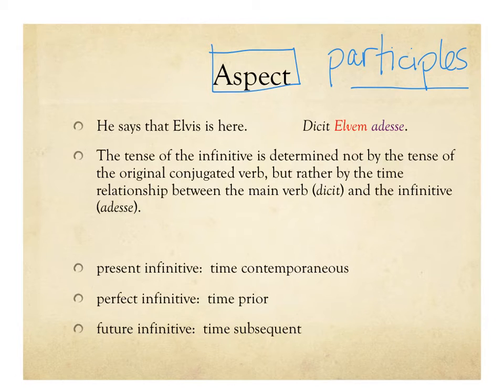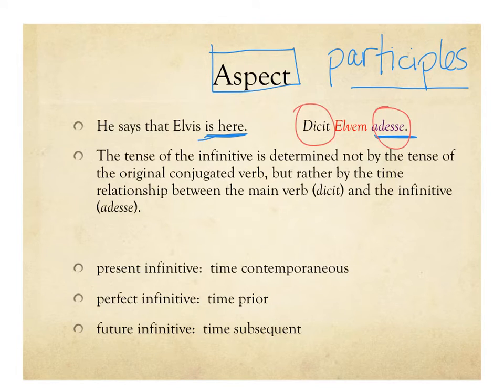When we say, "he says that Elvis is here," "dicit Elvem adesse," the tense of this infinitive is in the present, not because this is present, although it is, but it's about the relationship between these two verbs: the original verb and the conjugated verb, the verb that is triggering the indirect statement.